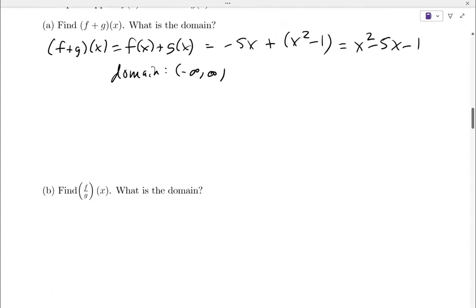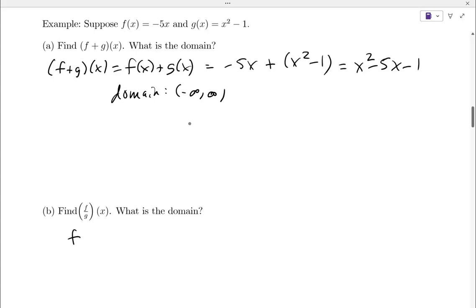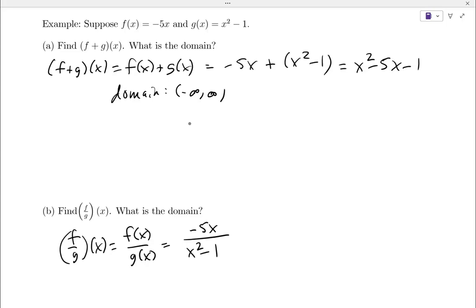When we do f over g, again, what's the definition? How do we find f over g of x? Good, yeah, that's f of x over g of x. Our f of x in this case is negative 5x, and our g of x is x squared minus 1. So there's the function f over g of x.